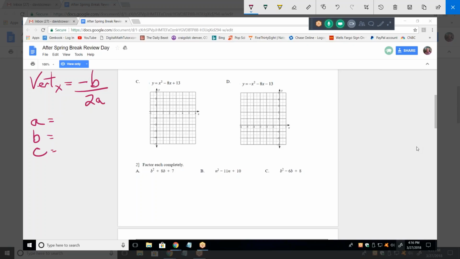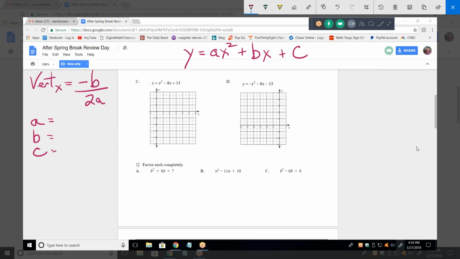Notice A is always the coefficient of your biggest variable. B is always the coefficient of the next biggest variable. And C is just the number without the variable. So if you think of lining up your function with x squared first, x second, and the constant last, then you're looking at A, B, and C.